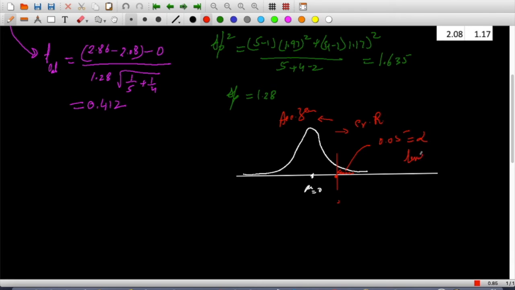This was alpha, the level of significance, and this is called the confidence interval, which is equal to 1 minus alpha.